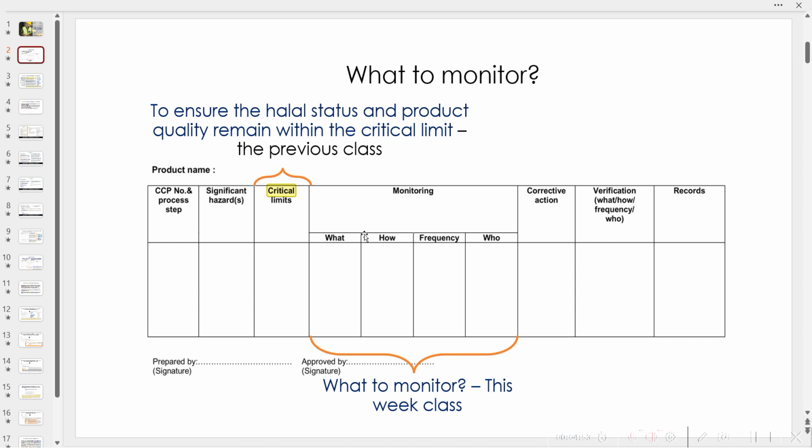In the critical limit, you have said that your chiller is between 0 to 4 degrees Celsius, to ensure that the chiller is working correctly. For your information, if the chiller temperature is more than 4 degrees, bacteria can grow, so you will be more prone to food poisoning. So that's why in chilling condition, it should be at this temperature, right?